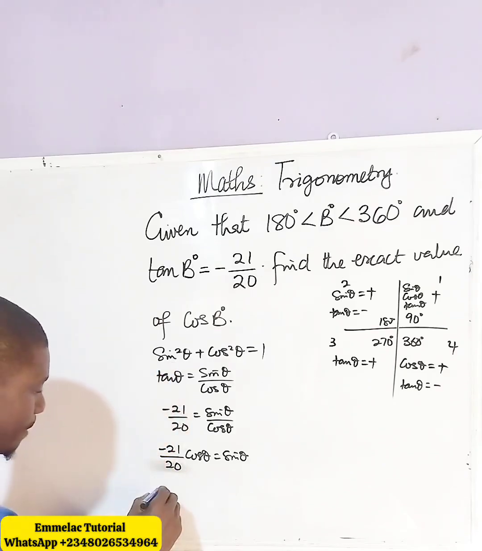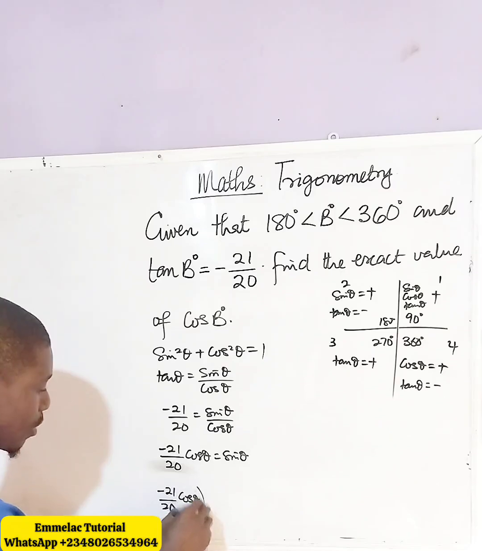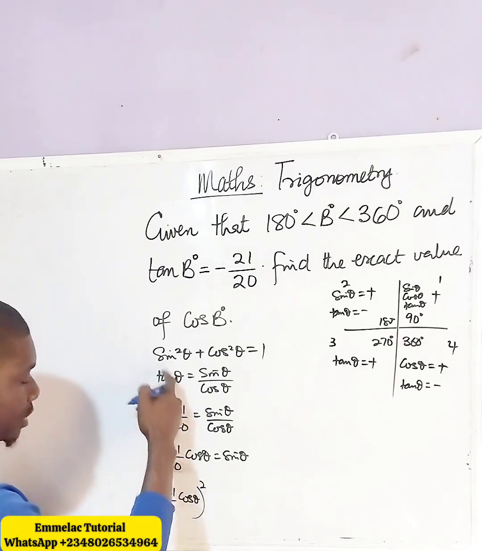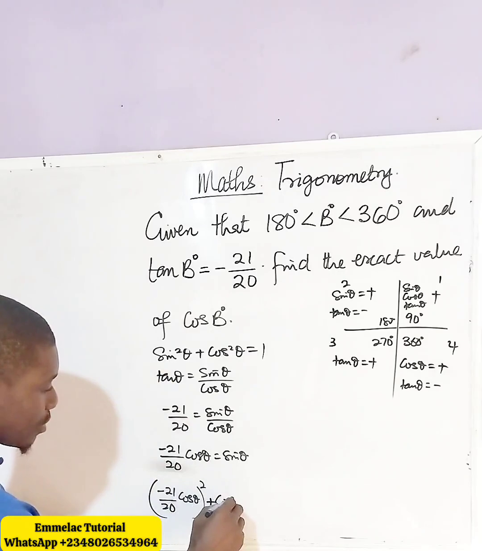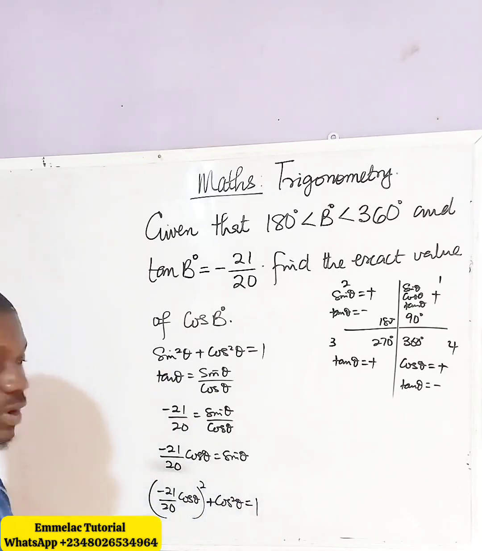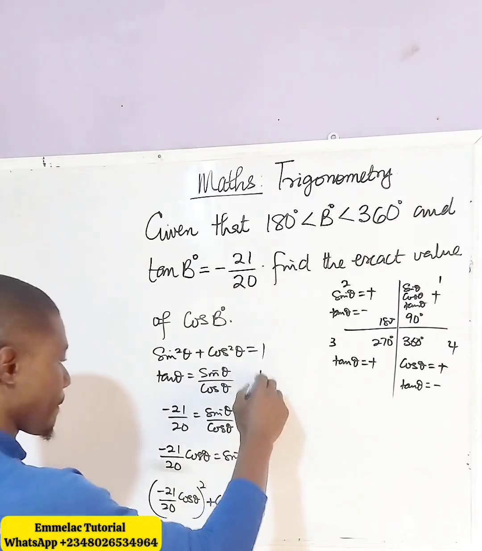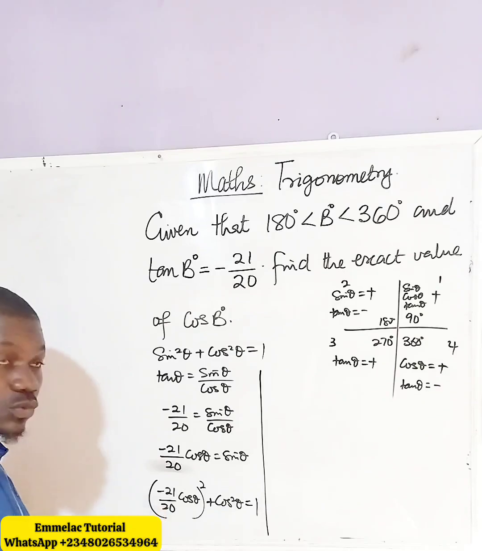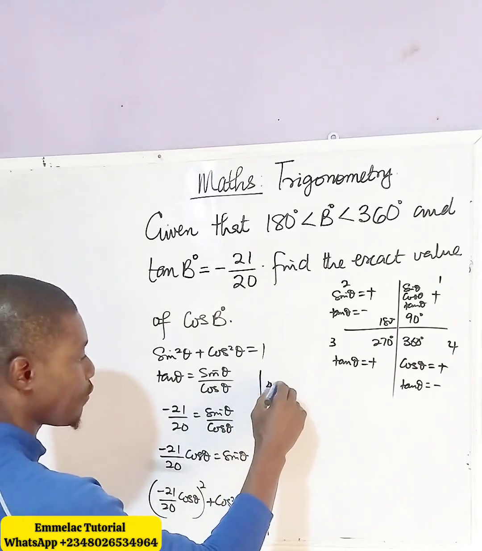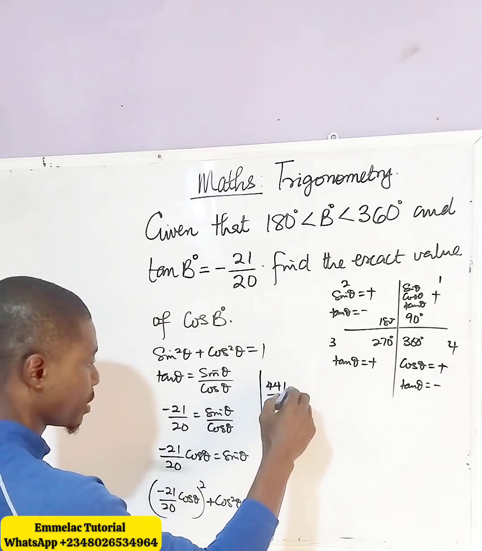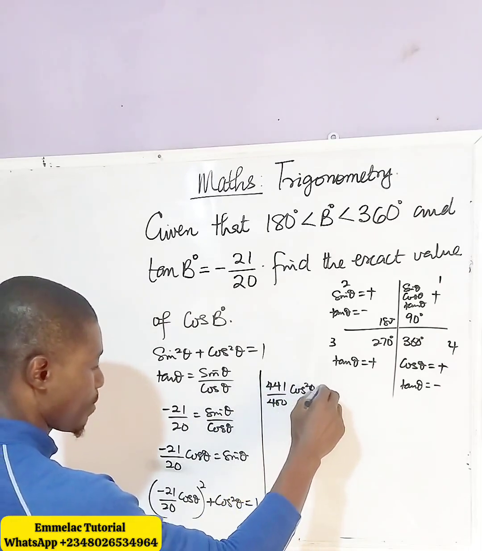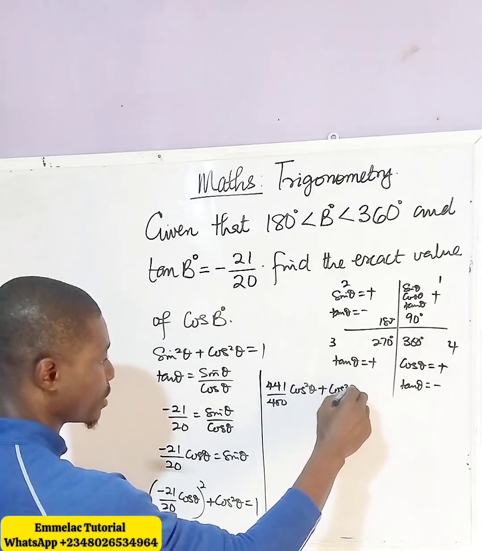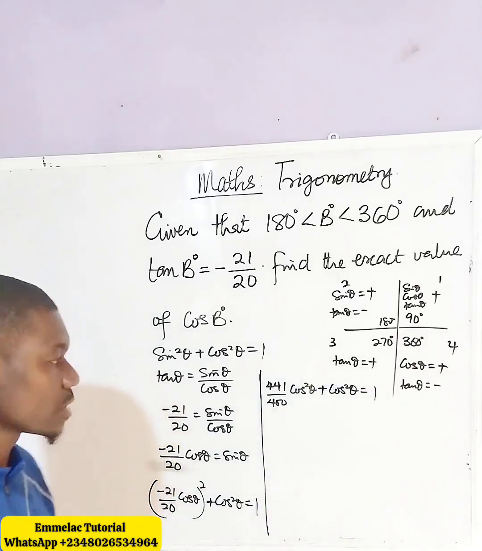So here we have minus 21 all over 20 cos theta all squared, plus cos squared theta equals 1. If I open the bracket, minus 21 all over 20 squared will give us 441 all over 400, then cos squared theta, plus cos squared theta equals 1.